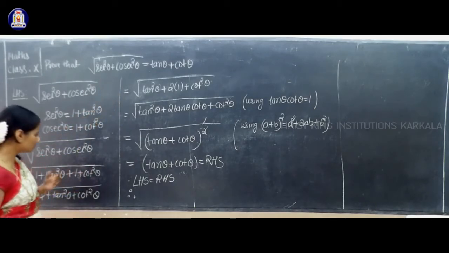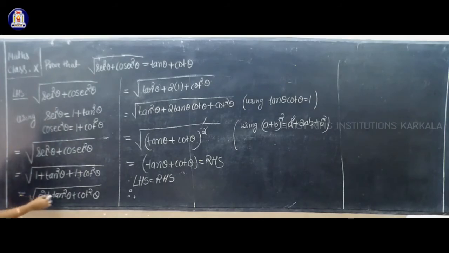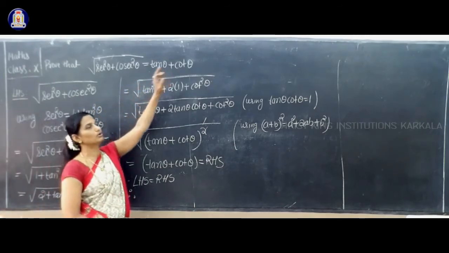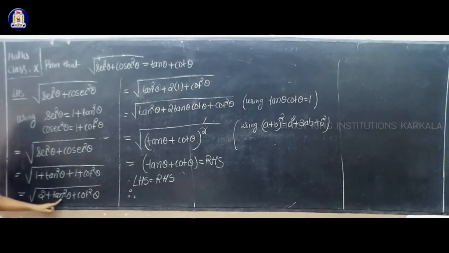Is this clear? Just see here, 2 plus tan square theta plus cot square theta. Remember this: here 2 I will write as 2 into 1. Because I need tan theta plus cot theta, it looks like a square plus b square plus 2ab.